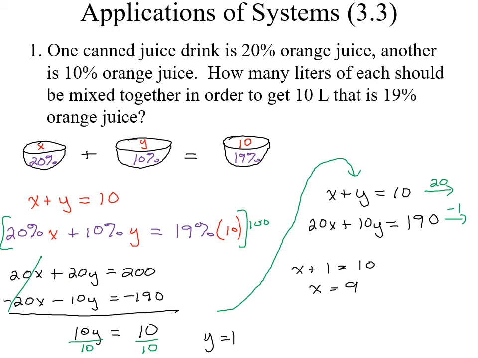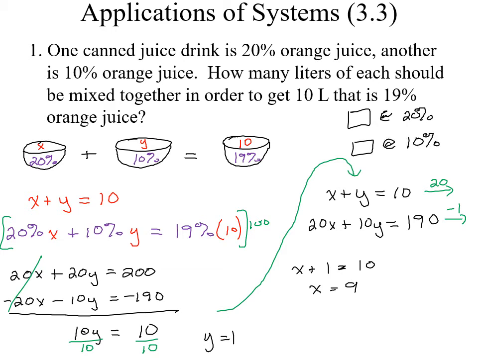Now, we don't write this as an x coordinate or a y coordinate. We don't put it in the parentheses like we've been doing. They're going to ask you how many liters of a 20% solution and how many of a 10% solution, so they'll have a blank at 20% and a blank at 10%.